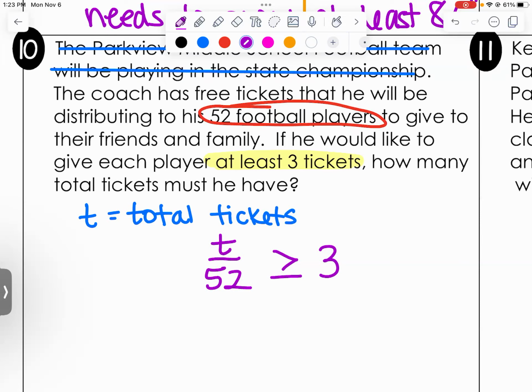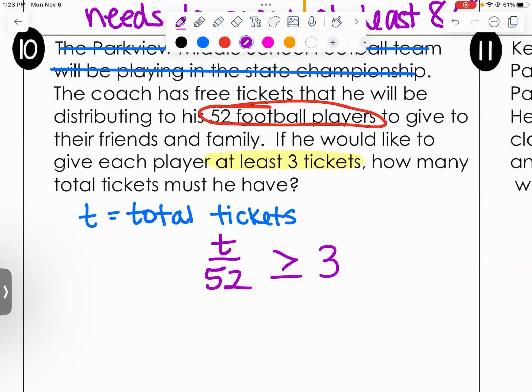If I want every player to have at least 3 tickets, that number better be bigger than 52, right? Now, did anybody take 52 times 3 without writing this? Okay, so some of us know, well, I need to take 52 times 3. And that's great, but we need to be able to set up this inequality first to express what's happening with our tickets.